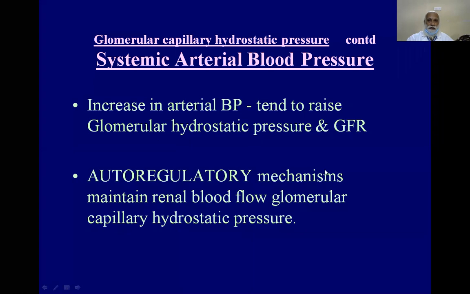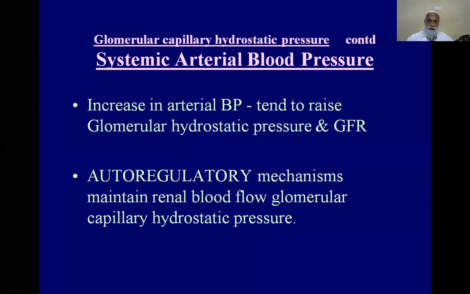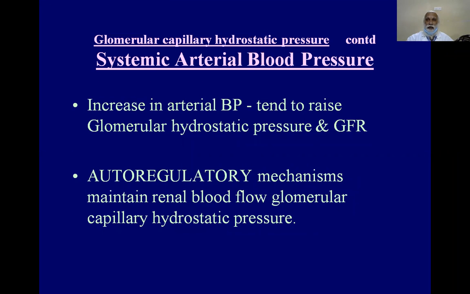Auto-regulation of renal blood flow maintains glomerular capillary hydrostatic pressure, which means the GFR is maintained within a certain range of renal arterial blood pressure, approximately 80 to 200 millimeters of mercury.